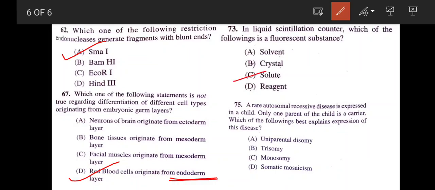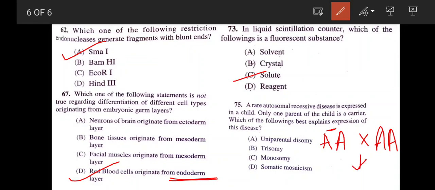Next question, a rare autosomal recessive disease is expressed in a child. Only one parent of the child is a carrier. Which one of the following best explains expression of this disease? So let's say among 2 parents, one is a carrier, and the other one is normal.